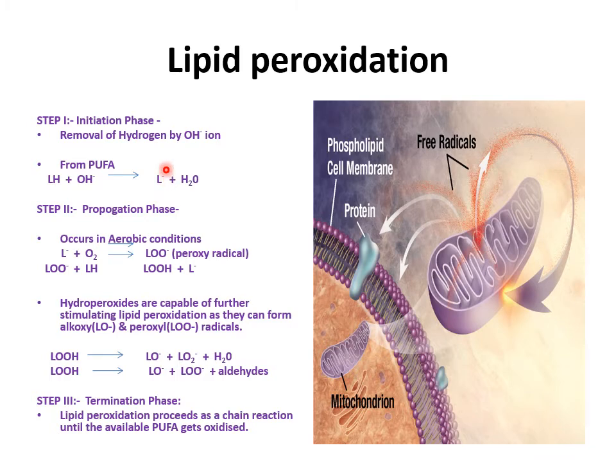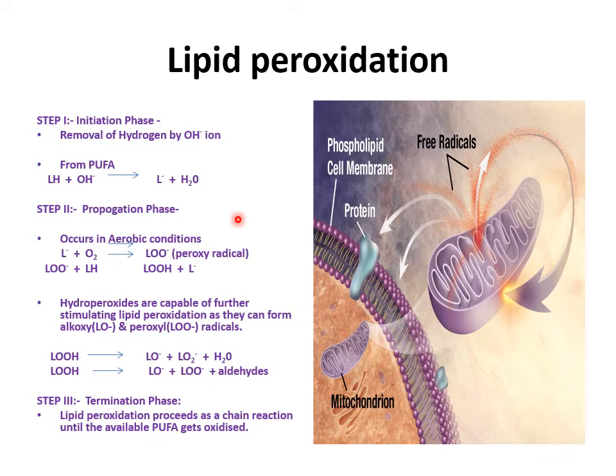This lipid radical, R, and the peroxyl radical, ROO, are both produced in the initiation phase. They are then degraded to form MDA, which we will see in the next slide.